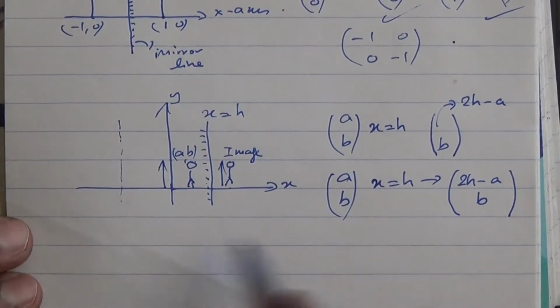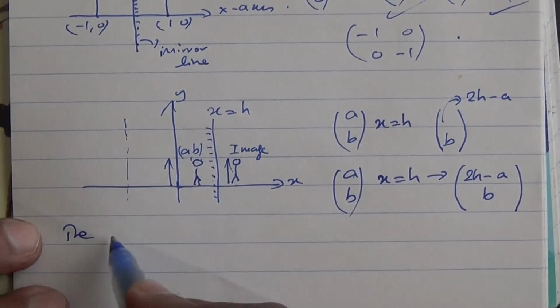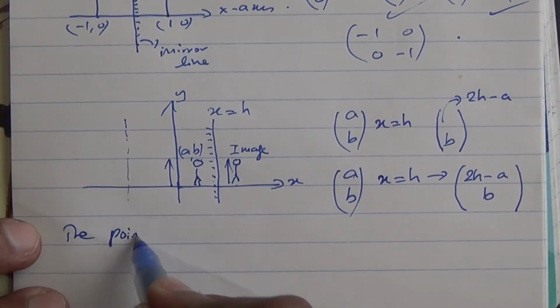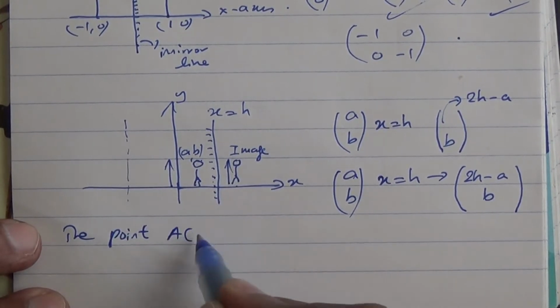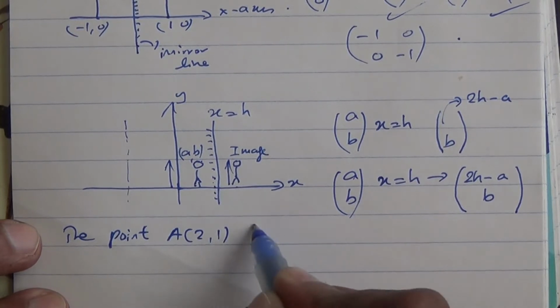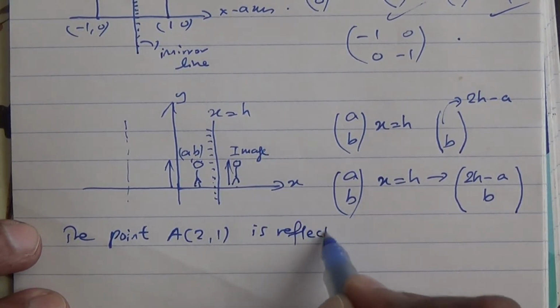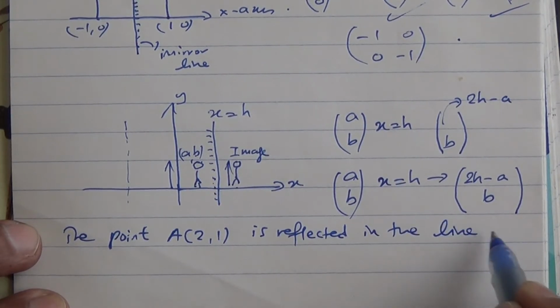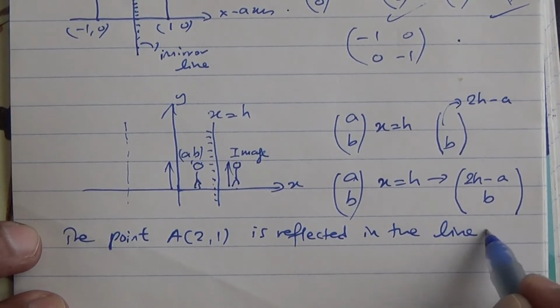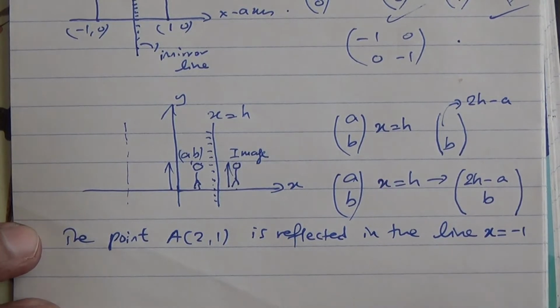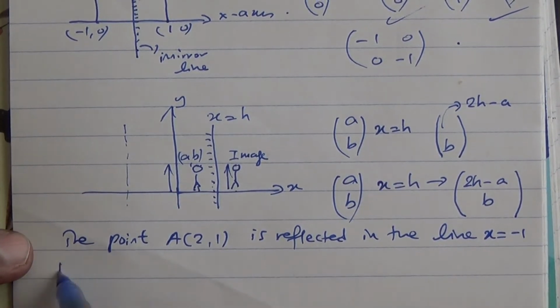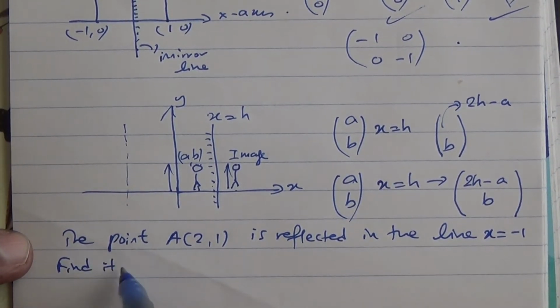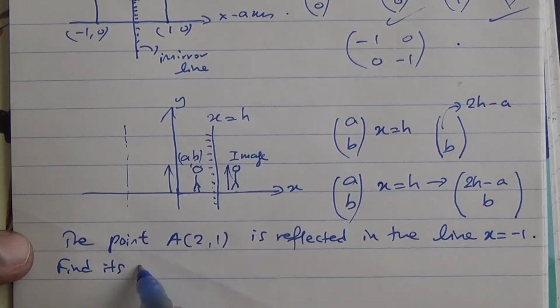You may be given a question like this. Let's say the point 2, 1 is reflected in the line, say for instance, x is equal to minus 1. Find its image.